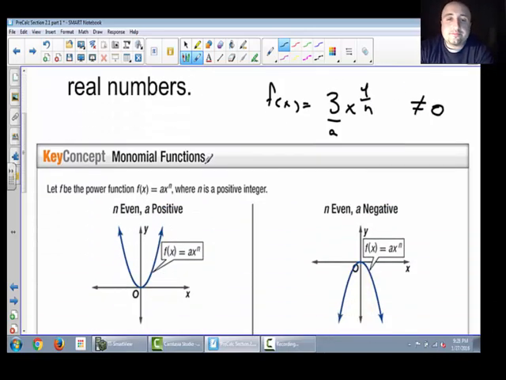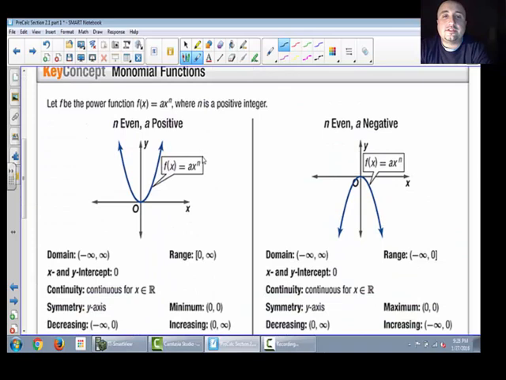Okay, so there are different types. Let's look at the top set here. If your n is even and your a is positive, so let's just say 3, and your n is even, let's just say 4, it's going to look something similar to a parabola.